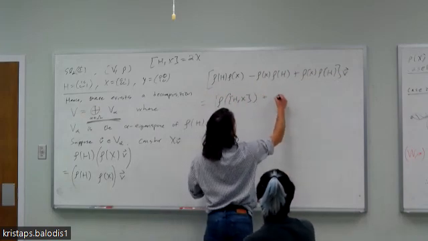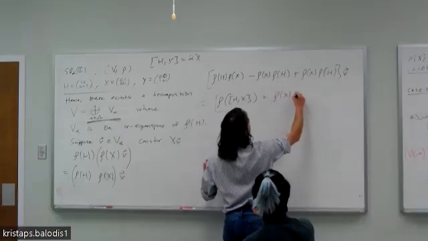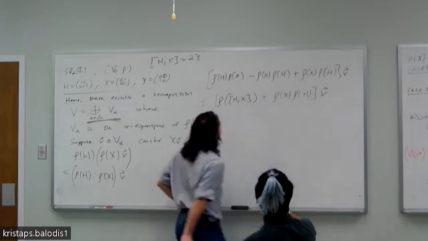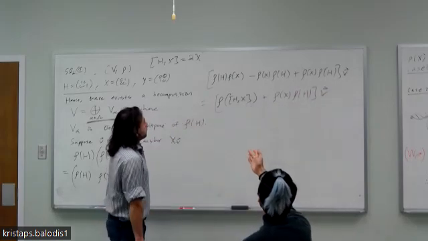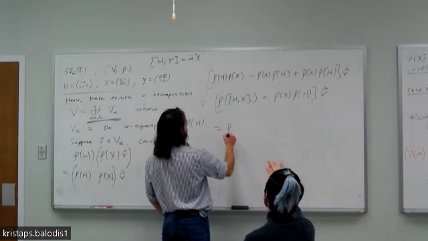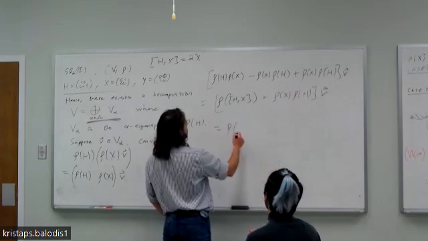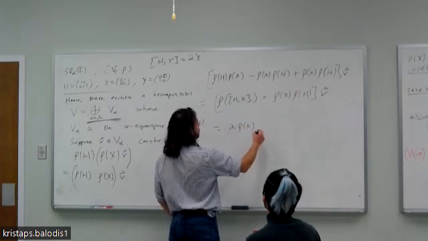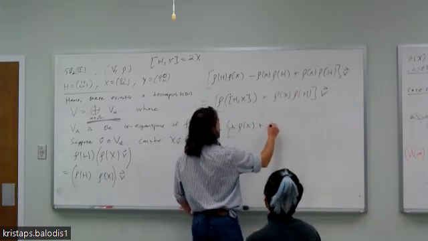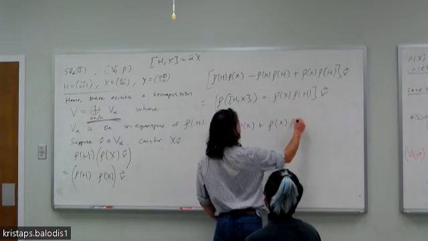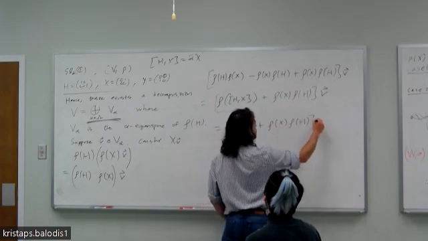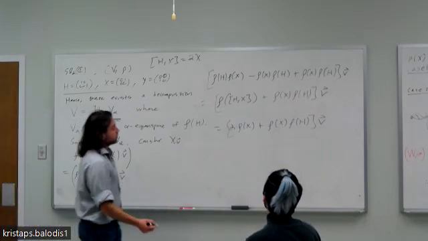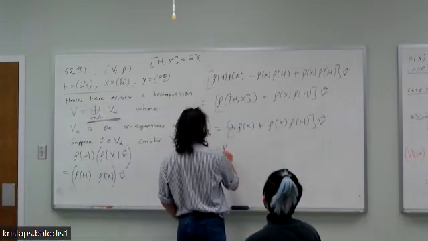And then over here we have row X, row H, V. Since row is linear, that turns into 2 row X, so this is 2 row X plus row X row H plus row X row H, V. Factor out a row X? Yeah, we could factor out a row X, sure.